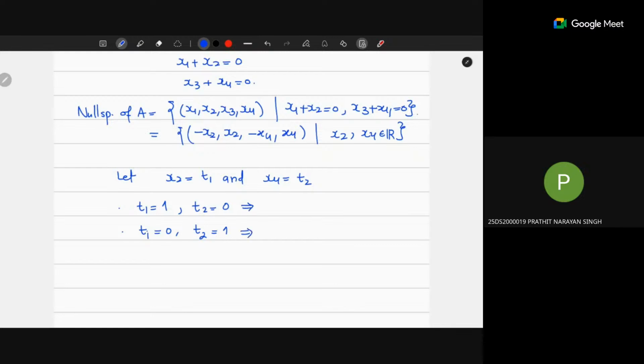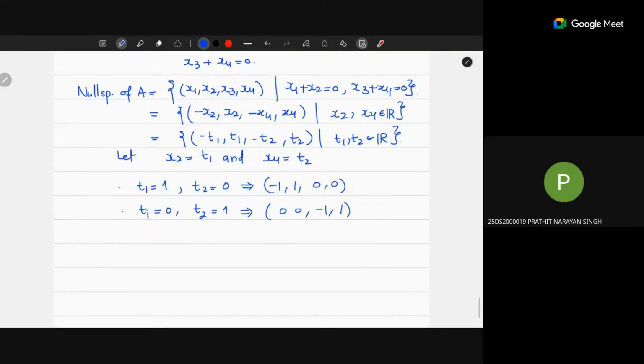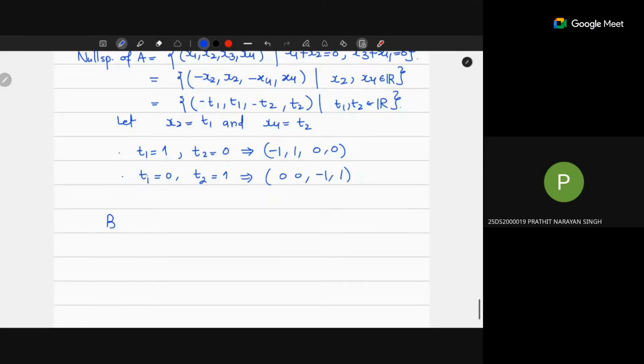In the first case we get minus 1, 1, 0, 0. In the second we get 0, 0, minus 1, 1. Right? So these are the basis of the null space of A.